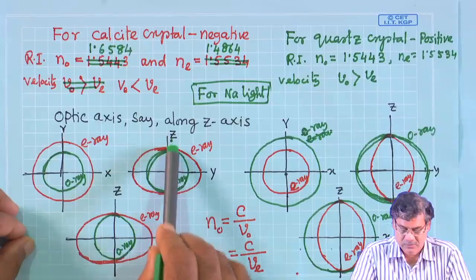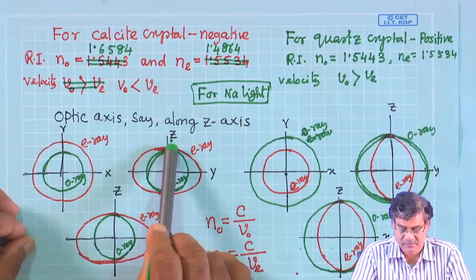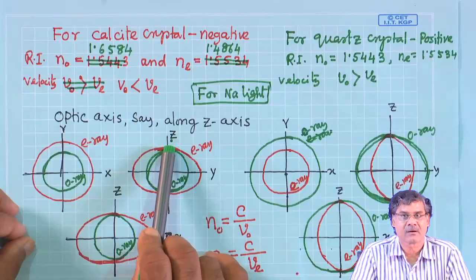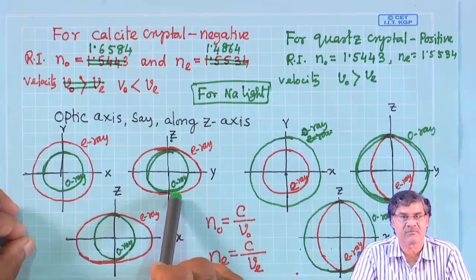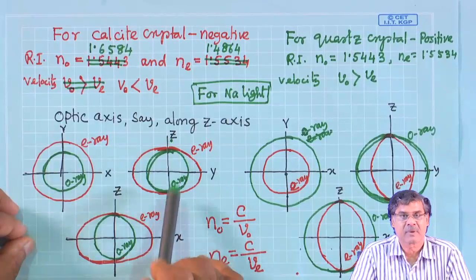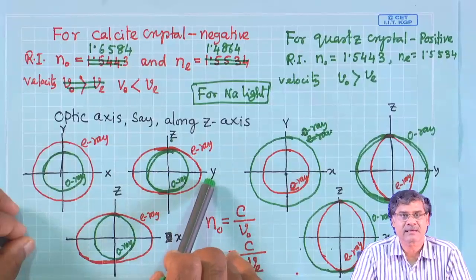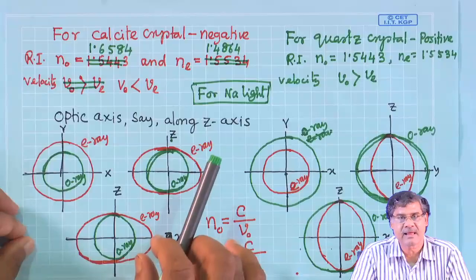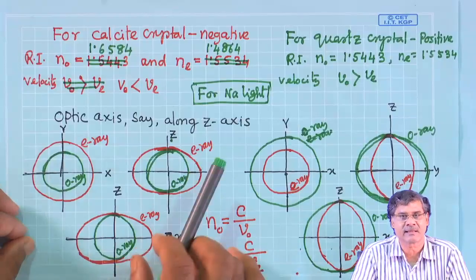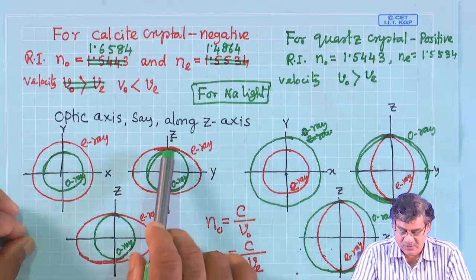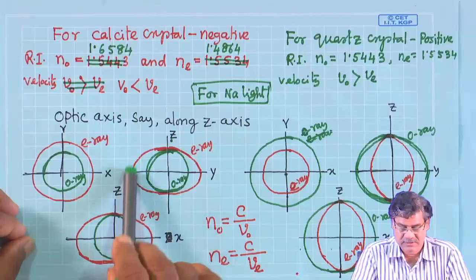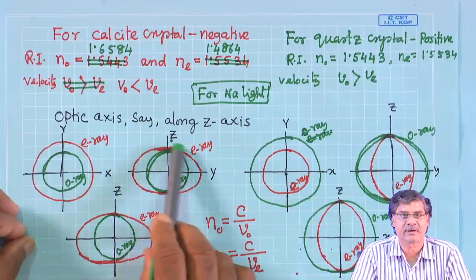So, immediately we can consider the same velocity of O ray in this direction, but in the other directions, x and y direction, the velocity of E ray will be greater than the velocity of O ray. So, you can draw this, it will be an ellipsoid, right.